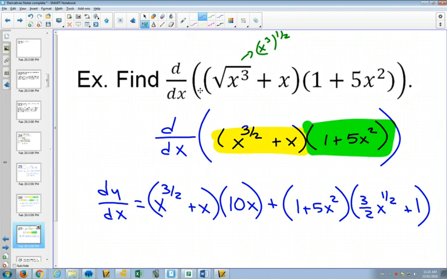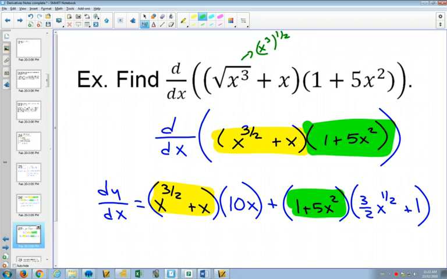Now, what we're going to do here also, again, we kept our first one the same, multiplied by a derivative of our second one. Then we kept our second one the same and multiplied by the derivative of the first one. And this one I left like this. I didn't bother simplifying it further.